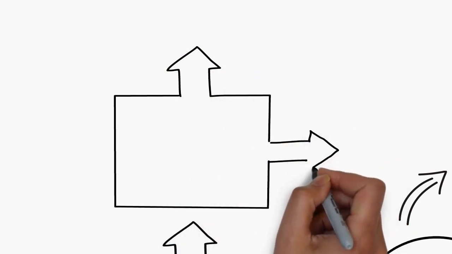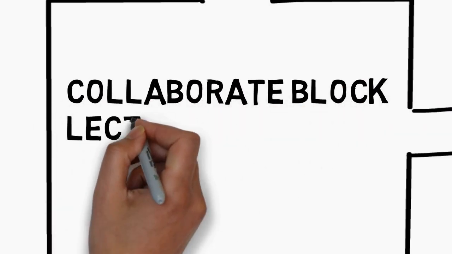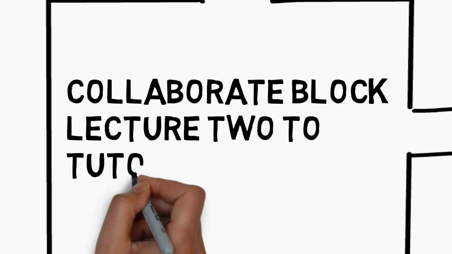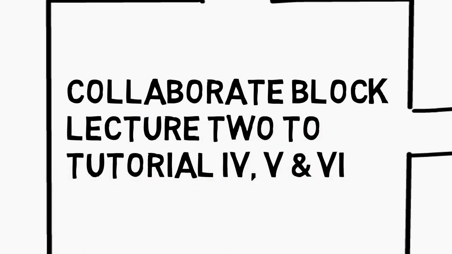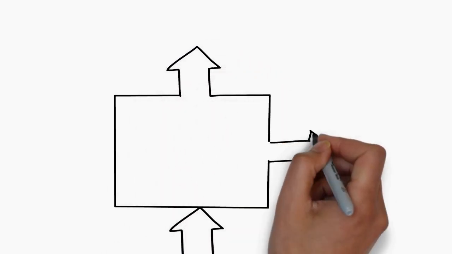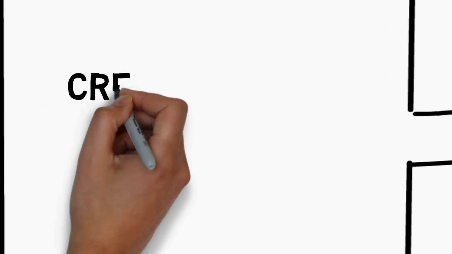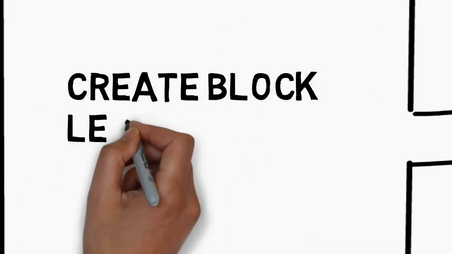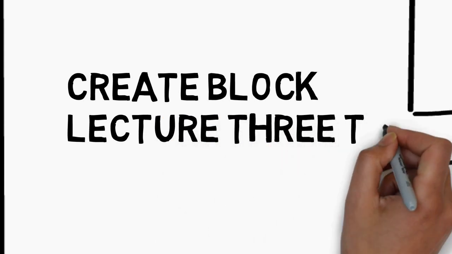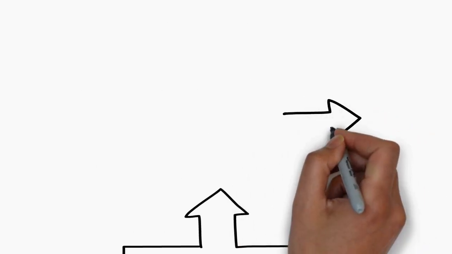The second block, which is the collaborate block, will start with the second lecture, and then it will be followed by tutorials 4, 5, and 6. 7 and 8 will fall during the break, so we won't have any sessions then. We move on to lecture 3 in the create block, and this will be followed by tutorials 9, 10, and 11.